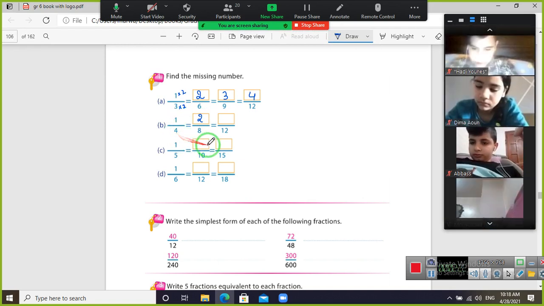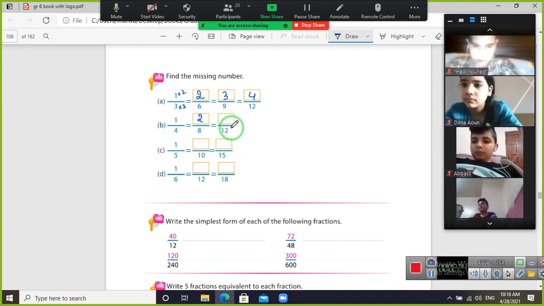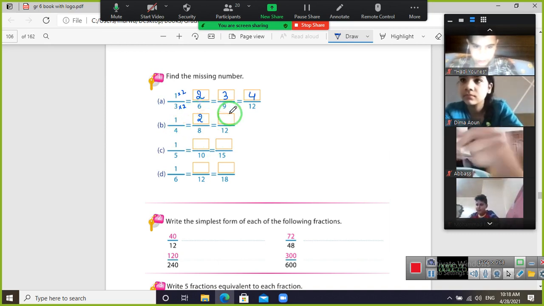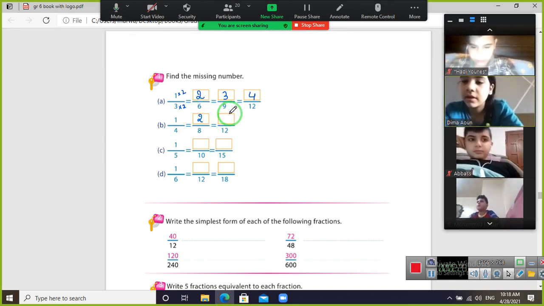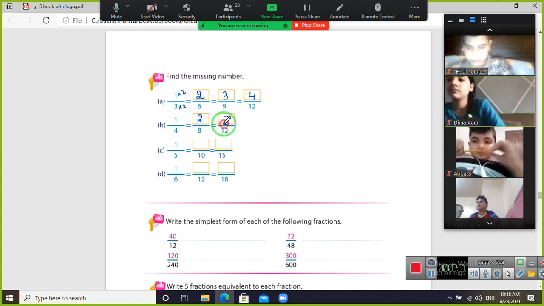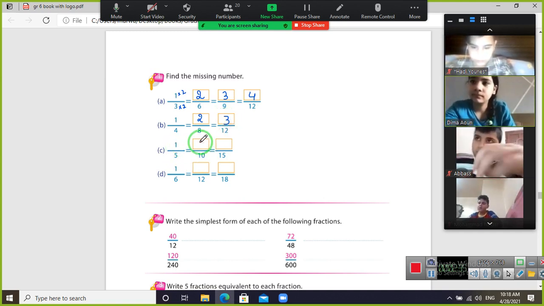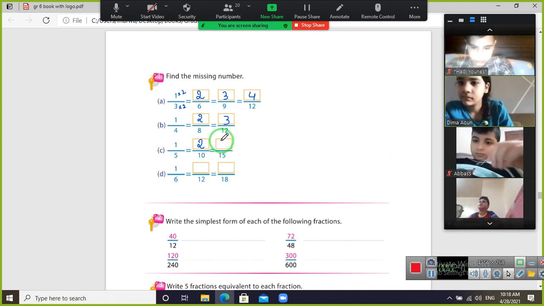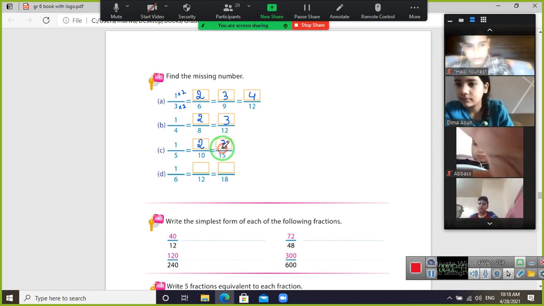Now 4 times 3, it's 12. 1 times 3 is 3. Also here, 5 times 2 gives me 10, so 1 times 2 is 2. 5 times 3 gives me 15, 1 times 3 is 3.